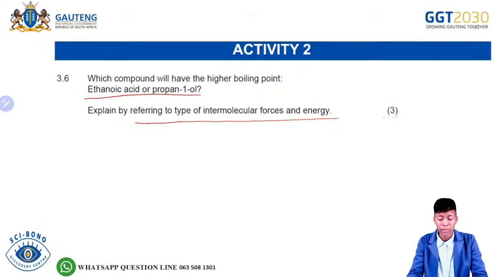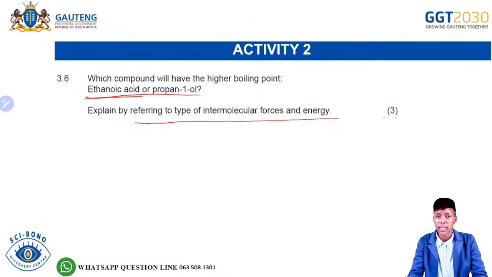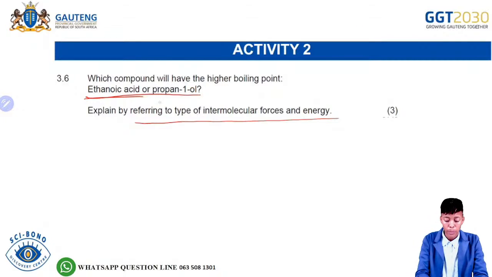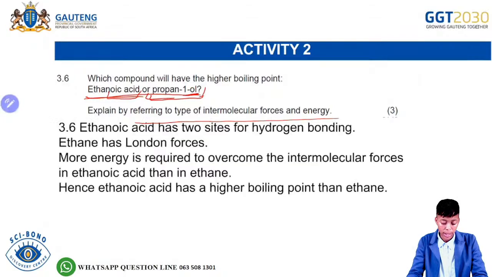So again, London forces AAA, dipole forces Hague, and the last column is hydrogen bonding with AC. AC is alcohols and carboxylic acids. Alcohols have one side for hydrogen bonding, and carboxylic acids have two sides for hydrogen bonding. Looking at this one, the ol is an alcohol, and the oic is a carboxylic acid.